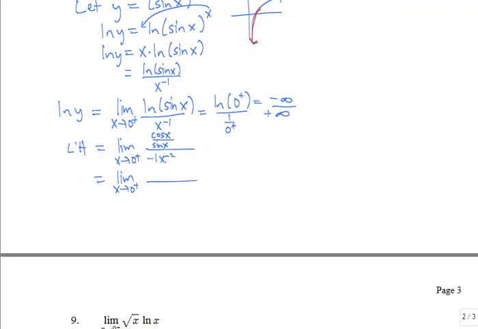Because I have this quotient within a quotient, we've got fractions within fractions, we want to try to eliminate some of these. So what I would recommend is taking this x to the negative 2 and flipping it back up to the top. So now it becomes an x squared, and that minus can just stay in front. And that way we have this cosine x over sine x, and there's nothing in the bottom at all.